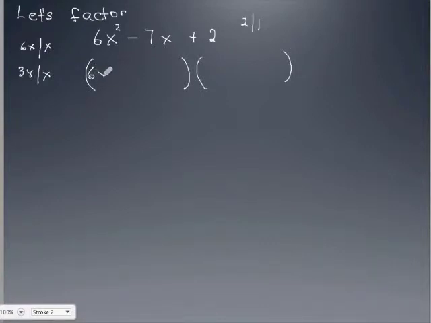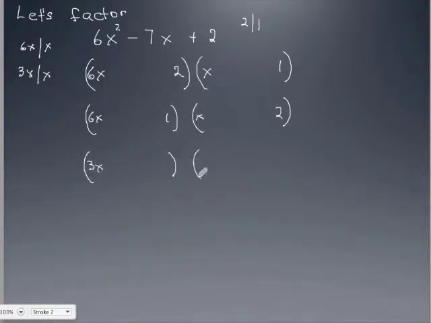Let me guess 6x and x for the front, and let me guess 2 and a 1. We can try and make another one. Keep 6x, x, and let's trade 1 and a 2. We can try 3x and x as a factor, 2 and a 1.